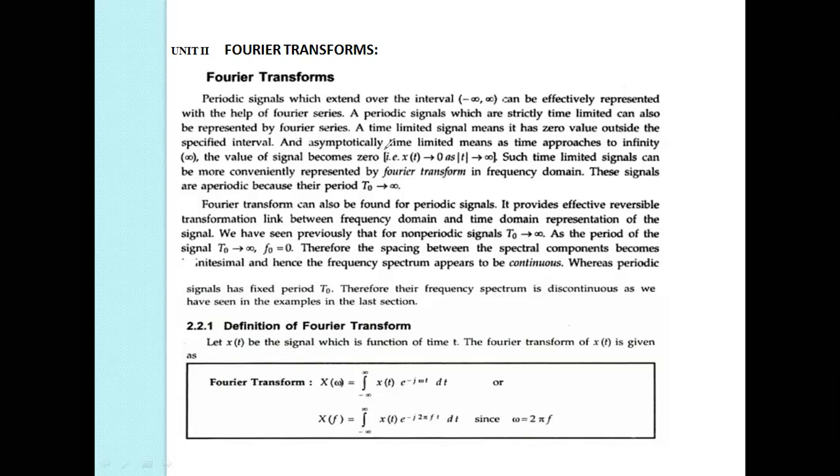And asymptotically time limited means as time approaches infinity, the value of the signal becomes 0. That is, x of t tends to 0 as t tends to infinite. Such time limited signals can be more conveniently represented by Fourier transform in frequency domain, and these signals are aperiodic because their period tends to infinite.